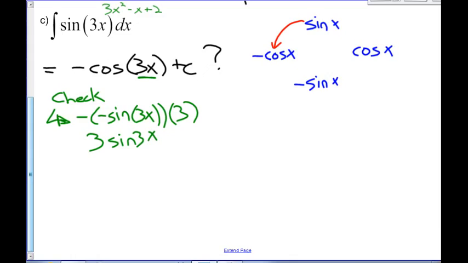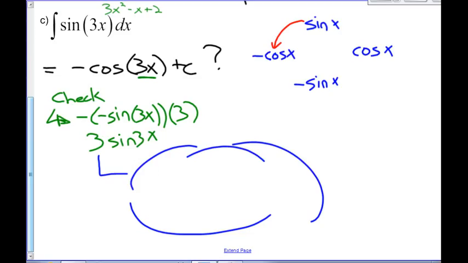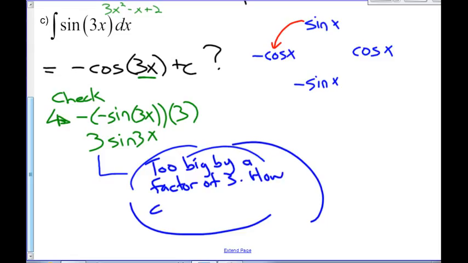And that's when I stop and think about this. I go, ooh, too big by a factor of 3. How can I fix that?